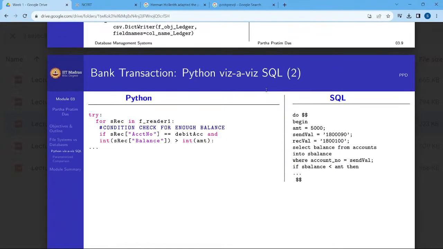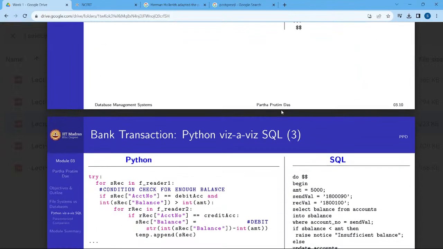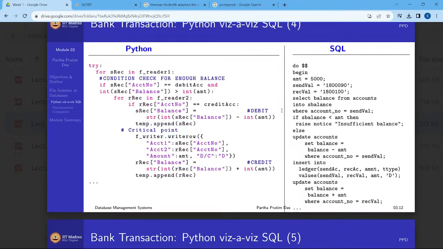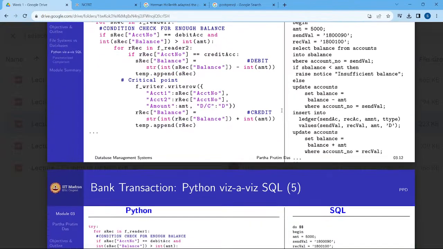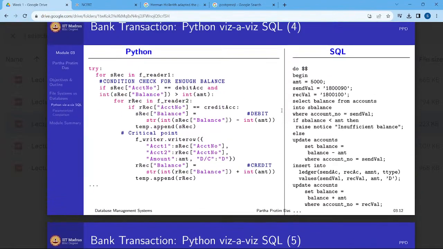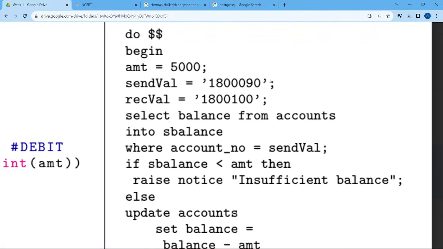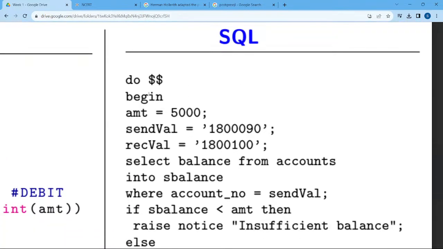See this, such a short, such a small code. Let's go here. As we go further and further, you can understand. See, it's really easy to understand the SQL code.